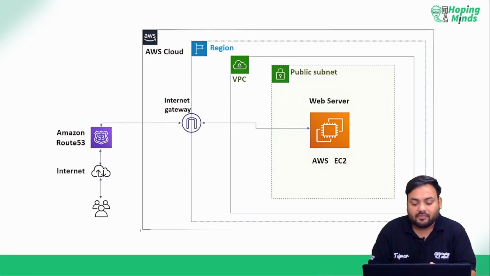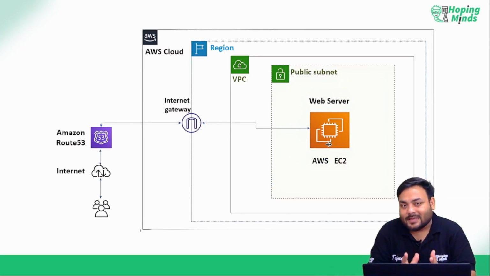Now, if we talk about what exactly EC2 is, EC2 is a kind of centralized service in AWS. Whether you are learning networking, storage, or any other topic, you will be playing with EC2 somewhere.